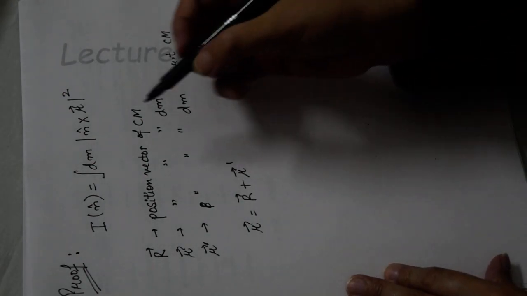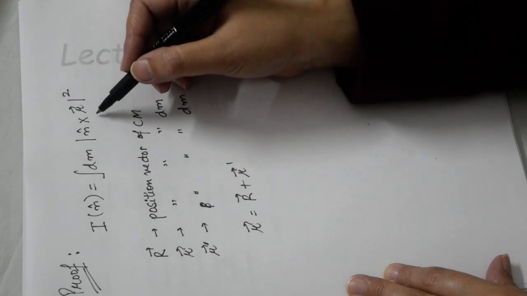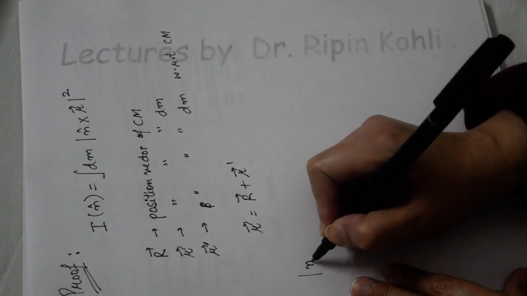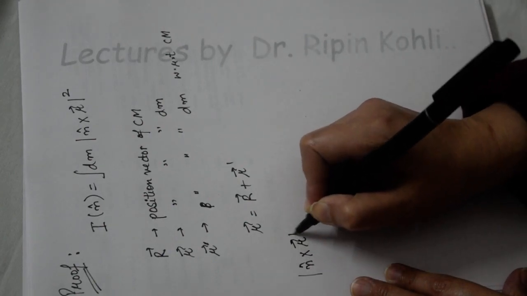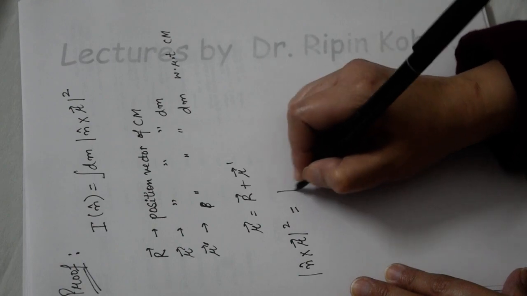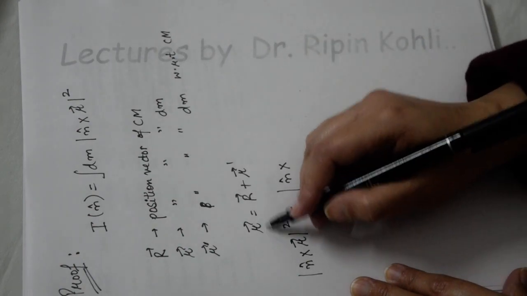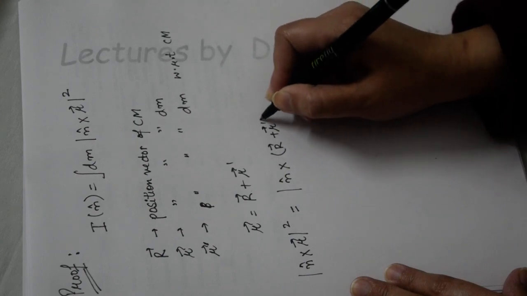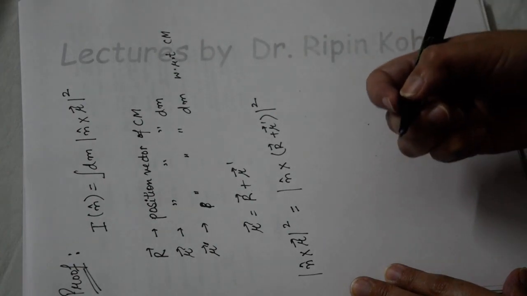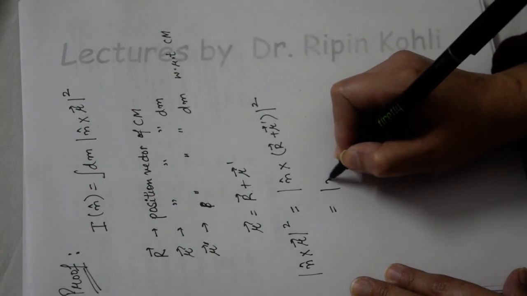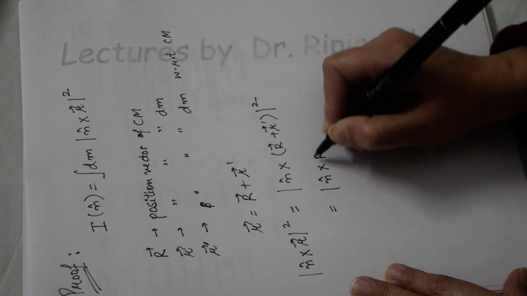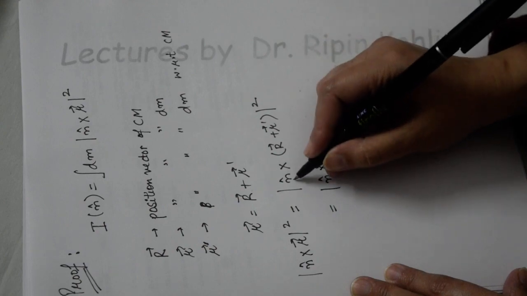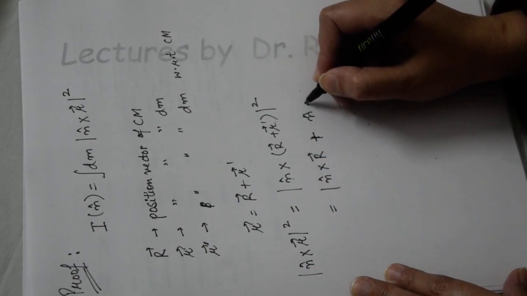Now my purpose is first of all to find the value of n cap cross r square. It is equal to n cap cross, the value of r here being R plus r dash, whole square. It comes out to be n cap cross R plus n cap cross r dash.